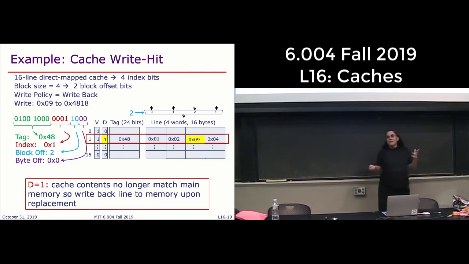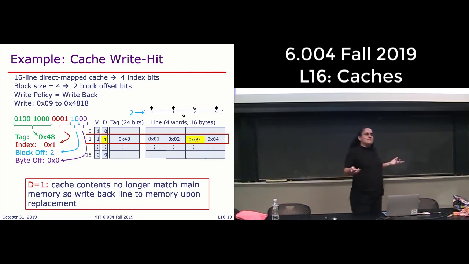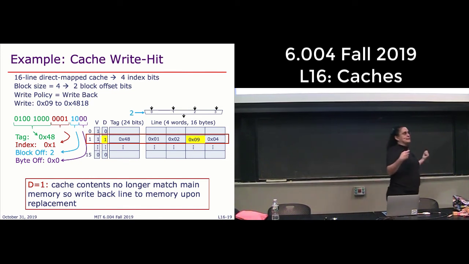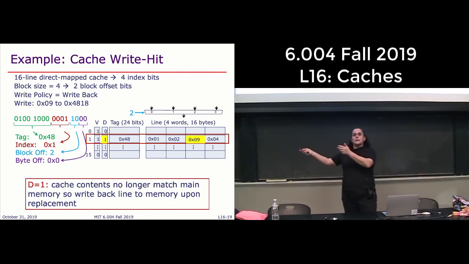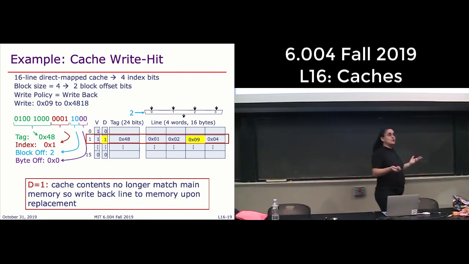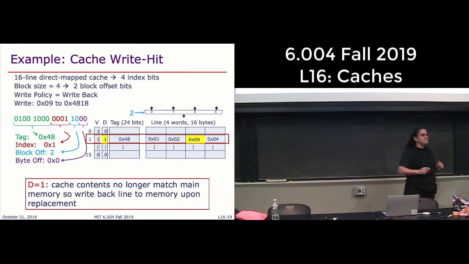Okay? On the other hand, if the dirty bit is 0, that means that all I've done are reads from this line. So I haven't modified the line at all, and so it's still exactly the same as what's in my main memory. And so there's no need to write it back. Okay?